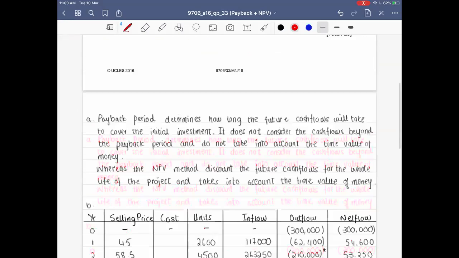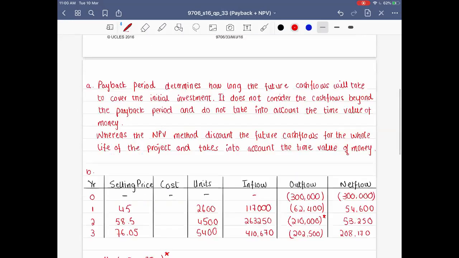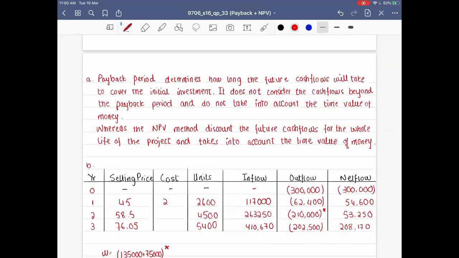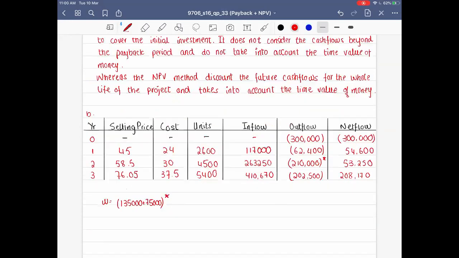Cost price is 24, 30 and 37.5. So we have now expected net cash flow for each of the year relating to replacement machine.